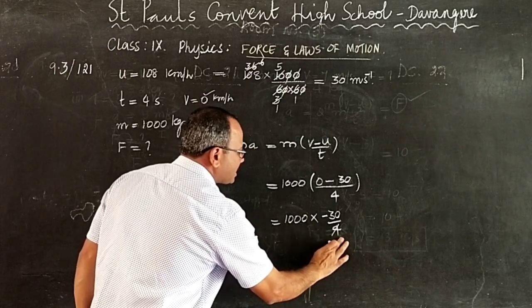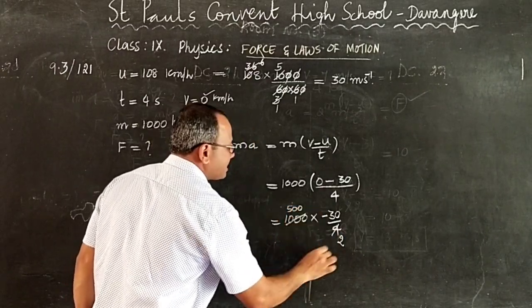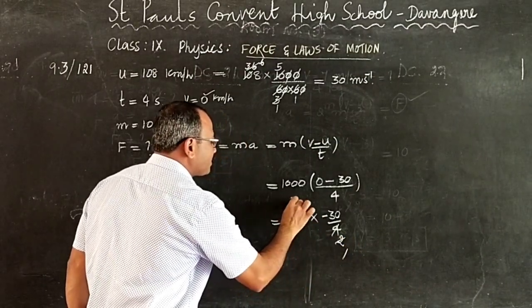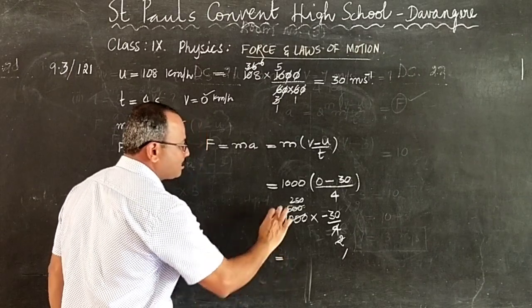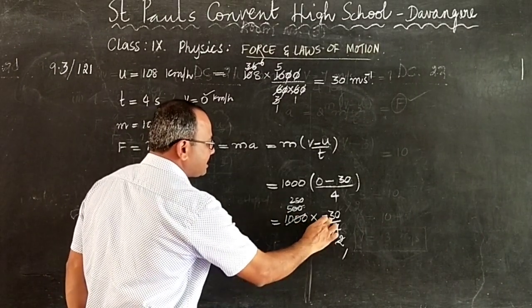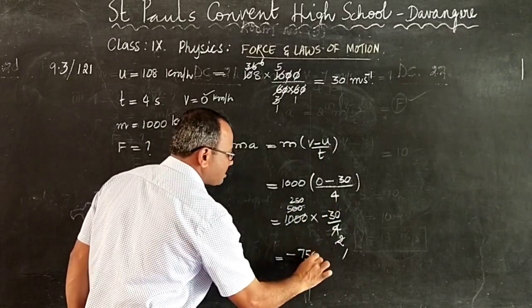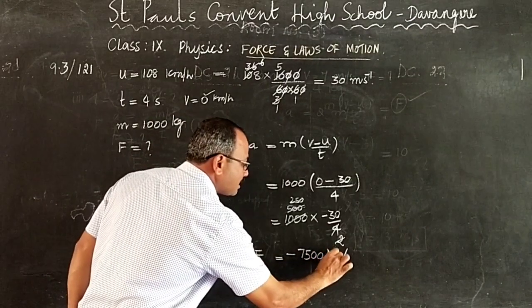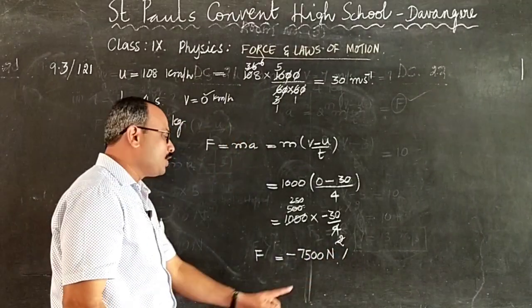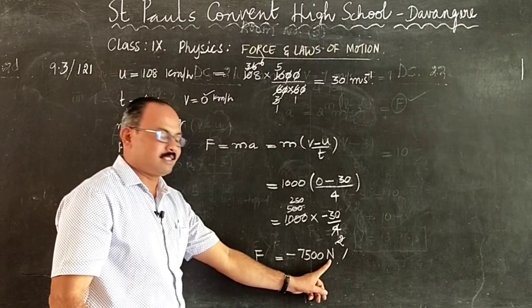Okay, these two 2s are, this is 500 times, again 250 times. Therefore, it will be equal to plus into minus, minus 3 into 25 becomes 75, children. Remember to write down the unit, children, otherwise it becomes meaningless.